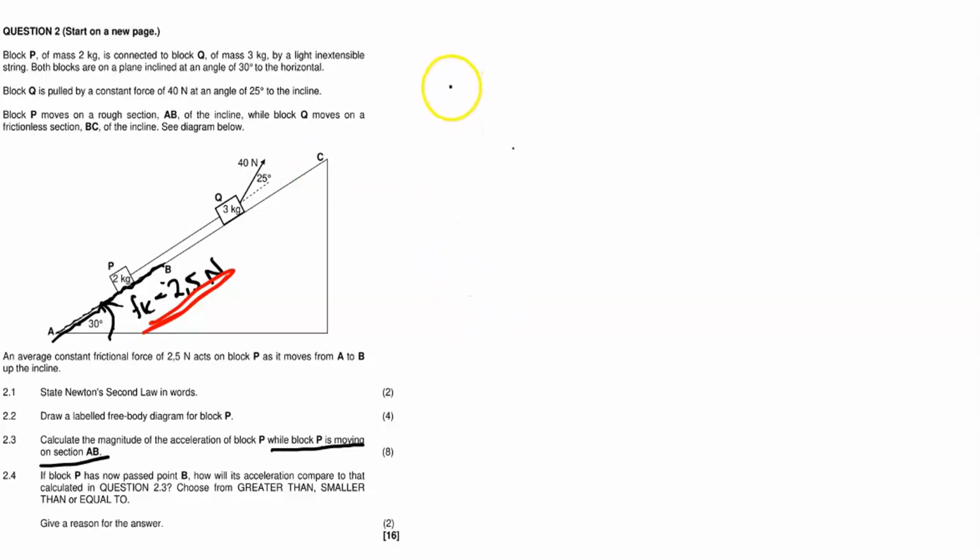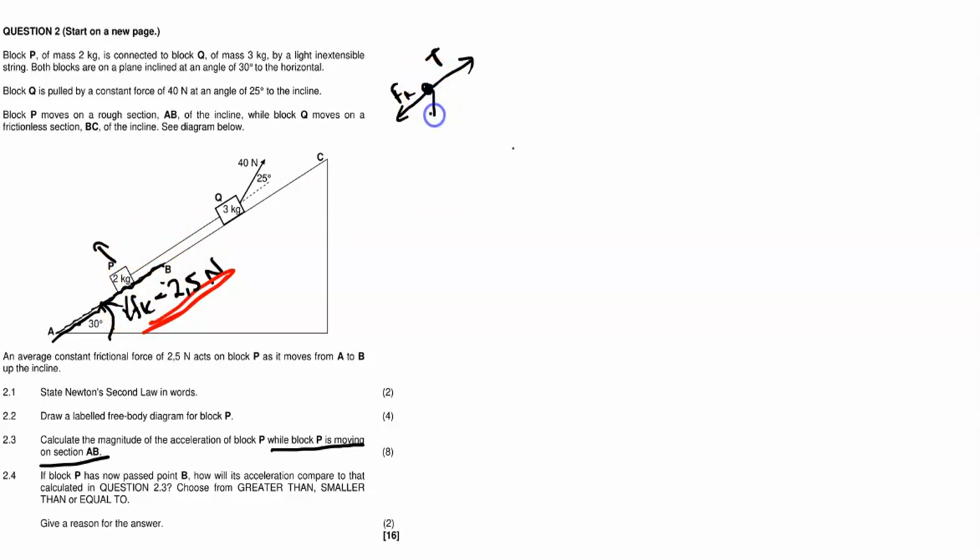And then we start with the forces that are acting parallel to the motion. So on block P, tension is moving up the slope, and then we've got friction that is acting down the slope. We're obviously not going to include the normal force and the gravity because they are not acting parallel to the slope.